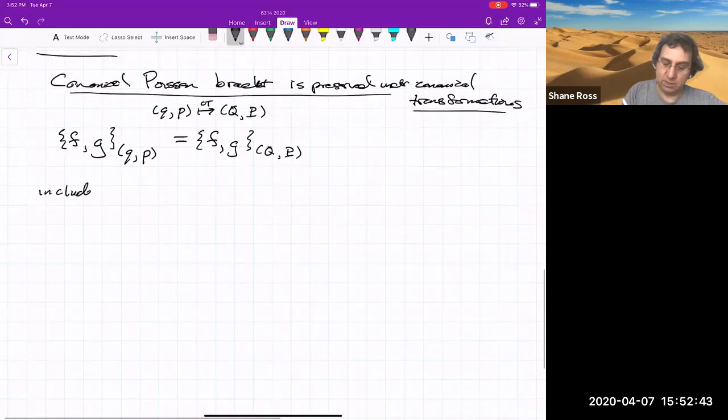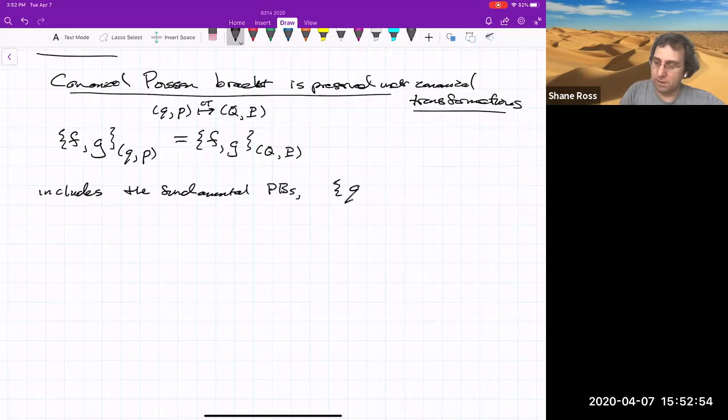And how can we actually use this? So this includes the fundamental Poisson brackets, if you remember what those were. Those were the Poisson brackets where a coordinate and its conjugate momentum, the Poisson bracket of those two, well, Qi with Pj is the Kronecker delta, meaning it's 0 if P is not the one conjugate to that Q, and then it's 1 if they are.